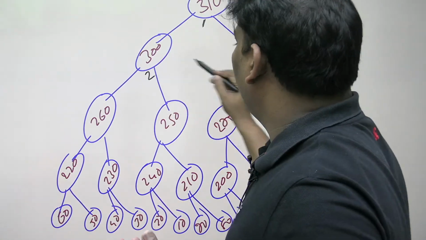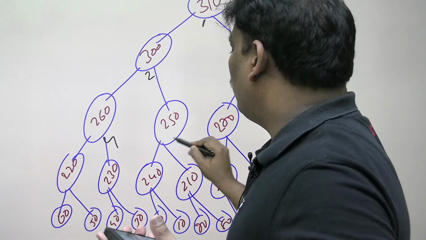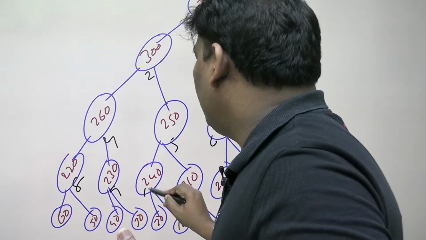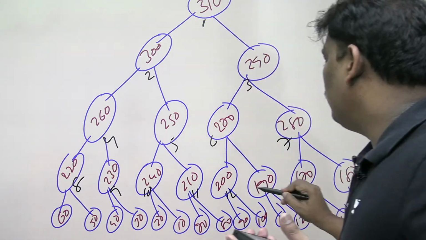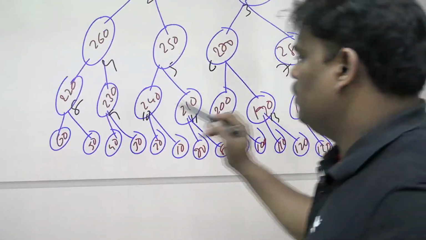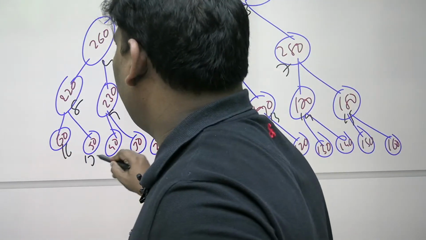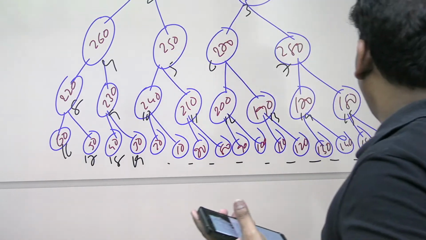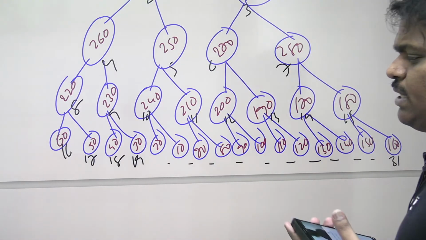1, 2, 3, 4, 5, 6, 7, 8, 9, 10, 11, 12, 13, 14, 15. See this one: 16, 17, 18, 19, and so on. The last one is 31.